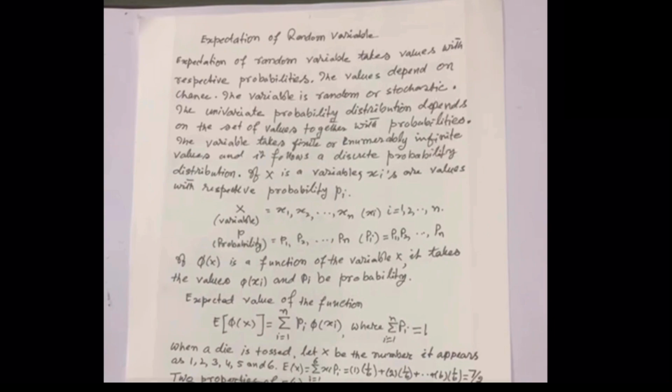Now if phi(x) is a function of the variable x, it takes the values phi(xi) and pi be the probability. Now the expected value of the function: if phi(x) is the function of the variable x and phi(xi)'s are values and pi be probabilities.